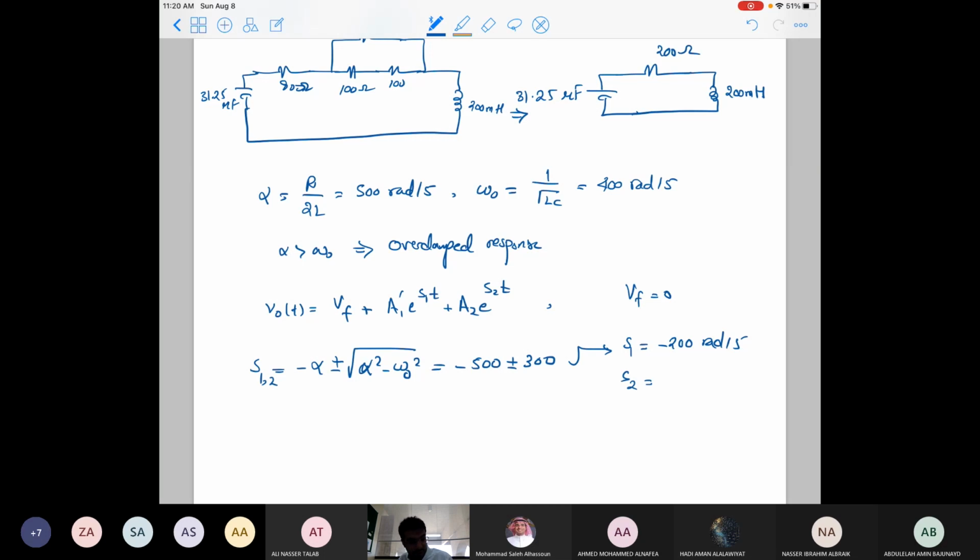S2 is going to be minus 800 radians per second. So now we found S1 and S2.